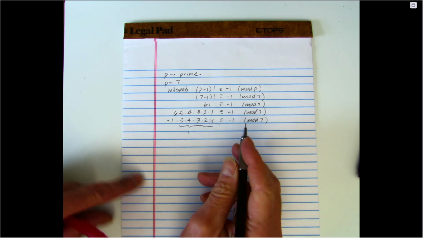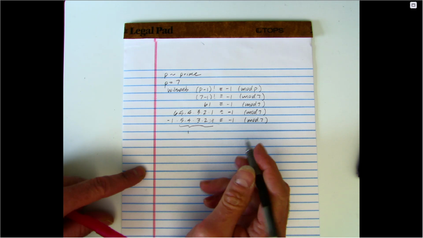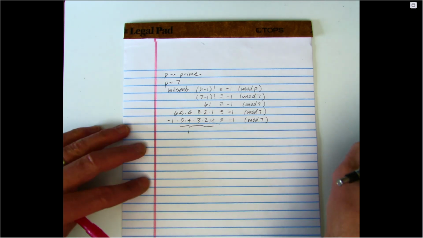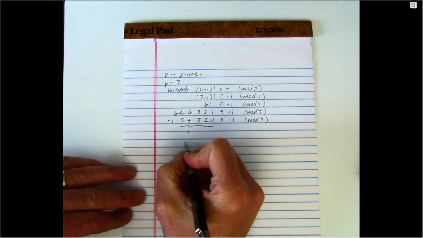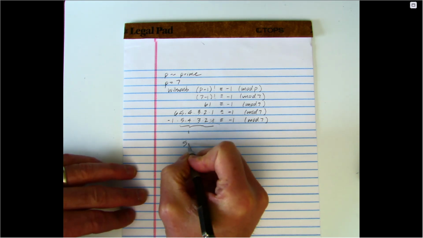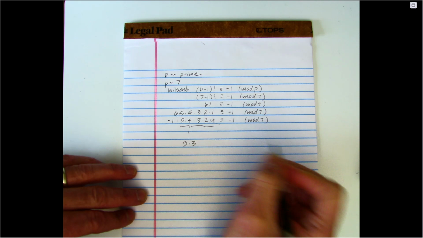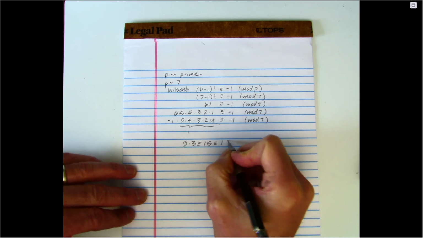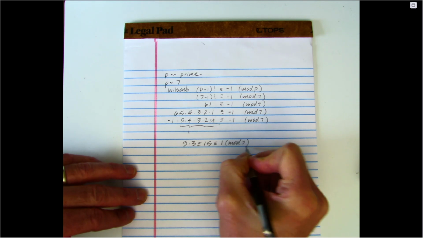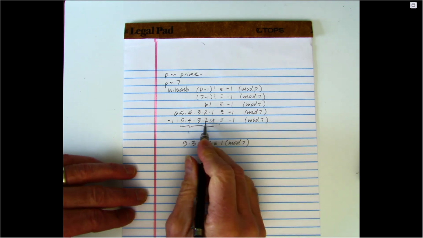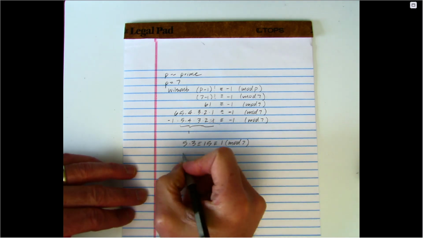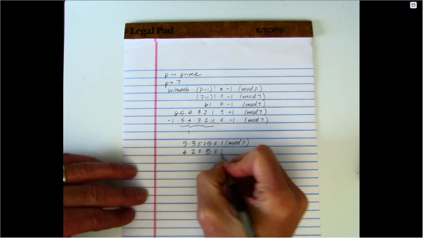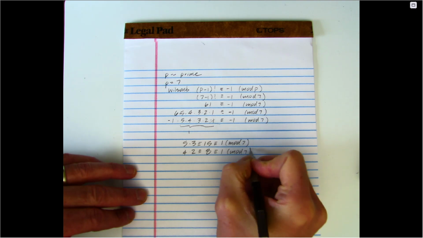And if we're careful about the way we pair them up, we can see quickly that the pairs are congruent to 1. I think the right way to pair them is 5 times 3. 5 times 3 is 15, which is congruent to 1 mod 7. And so if 5 and 3 pair to make 1, then 4 and 2 must pair to make 1 as well. 4 times 2 is 8, which is of course congruent to 1 mod 7.